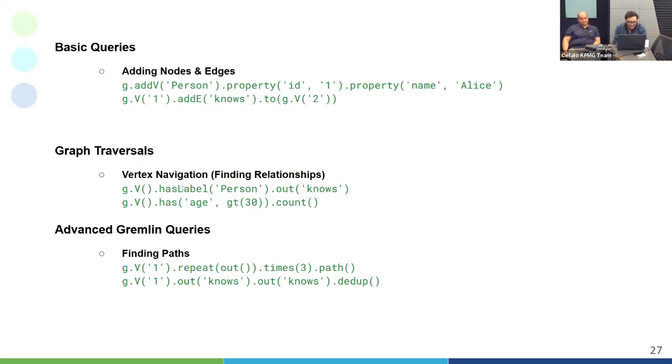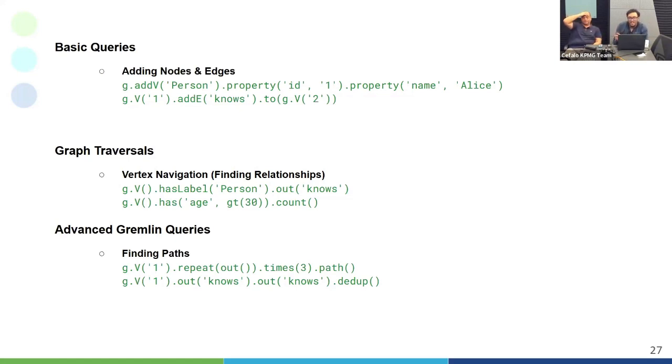If we search the vertex with the label person, it makes the persons available.